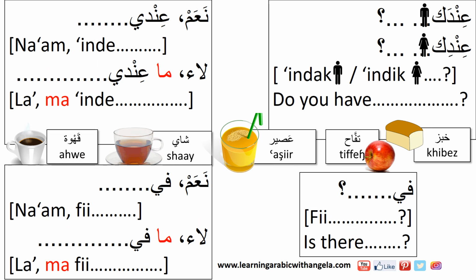To ask someone if they have something, let's say you're at your friend's house and you're asking if they've got juice, you're thirsty, or if they've got coffee in their cupboard, or apple or bread.